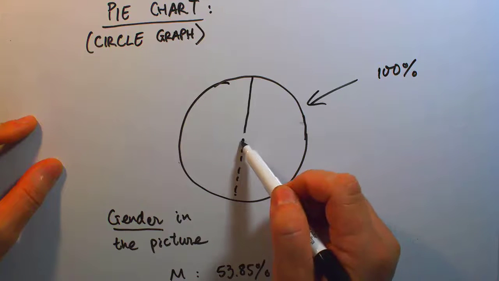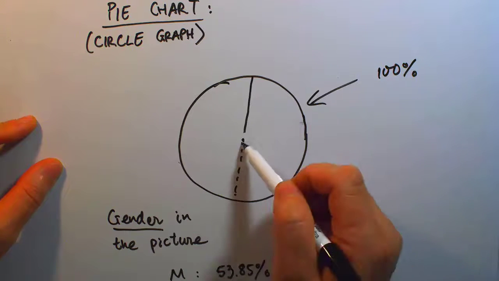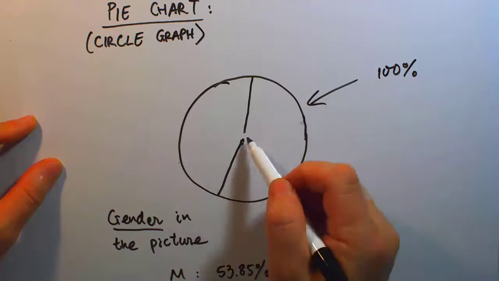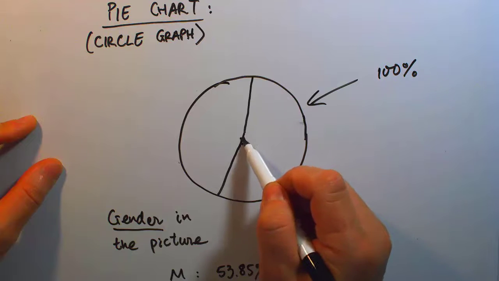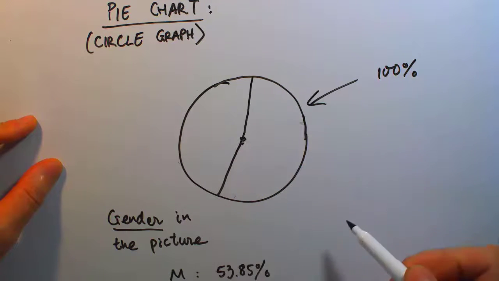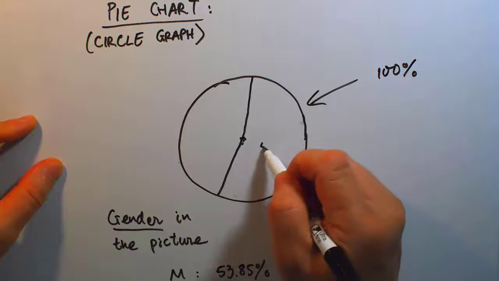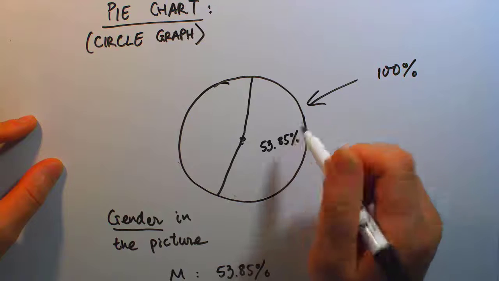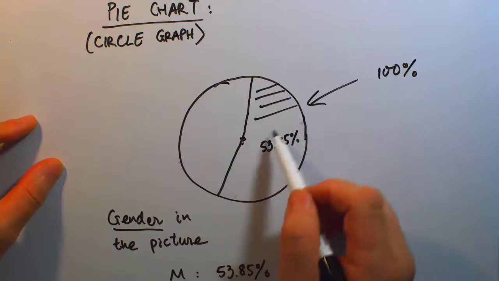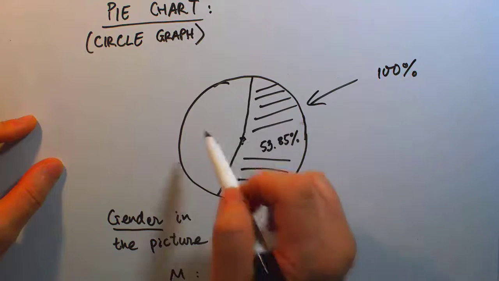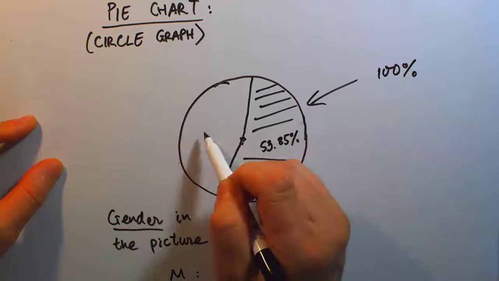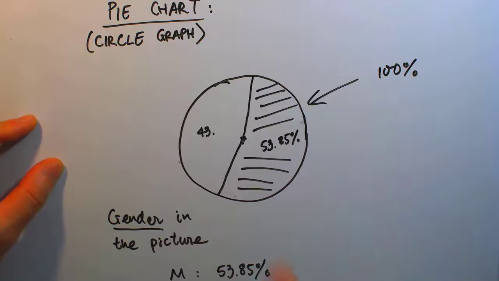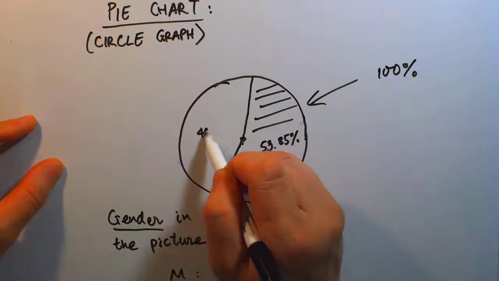But then we're going to need to be a little bigger than 50%. So about this big is perfectly good enough. Like I said, we're not really going to need to be that exact in precision. So now that big slice over here represents 53.85%. And the other area that remains on this pie chart is going to be the other relative frequency, which was 46.15%.